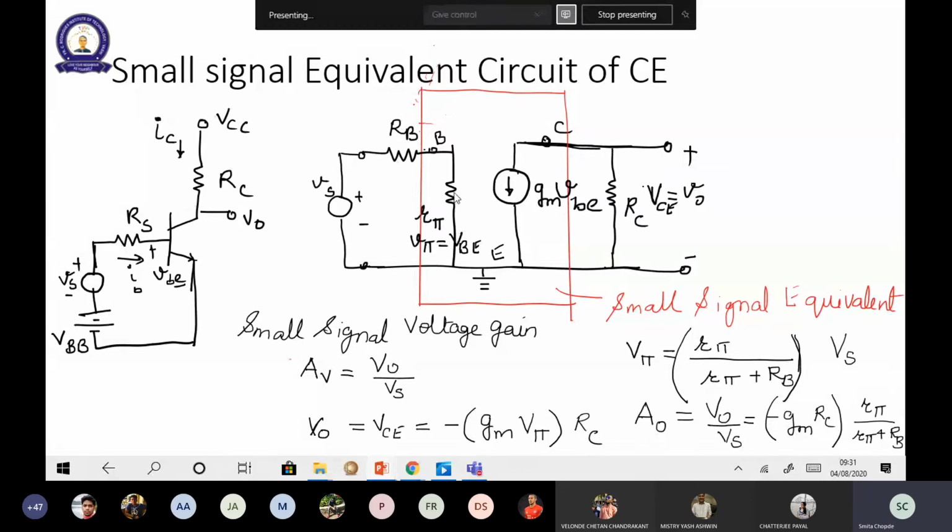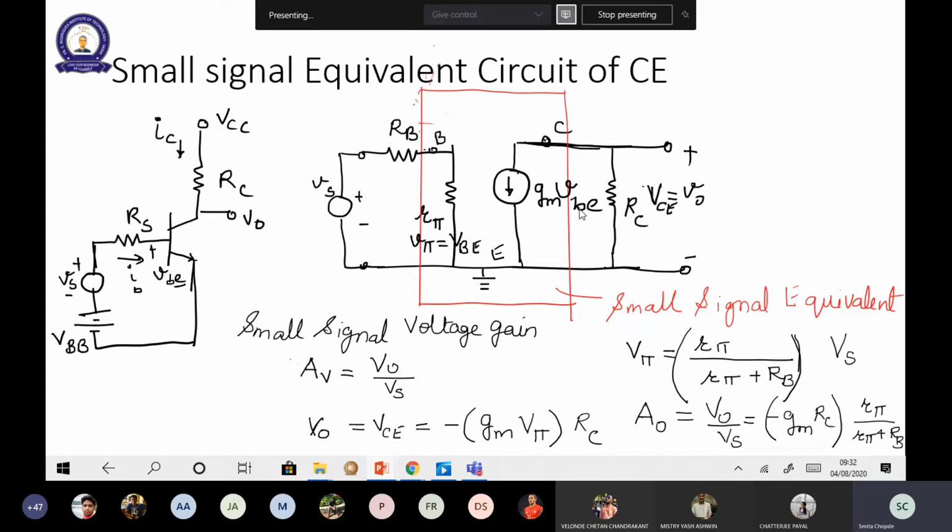Now moving to an AC model. This transistor which I am showing by the cursor is represented by this model shown as a rectangle, the small signal equivalent of the transistor. Between base and emitter, I have drawn a resistance R pi, and between collector and emitter there is a current source GM-VBE.